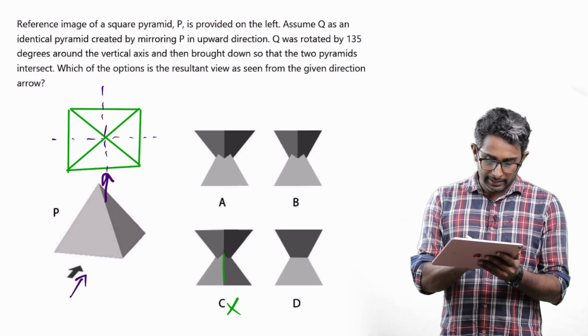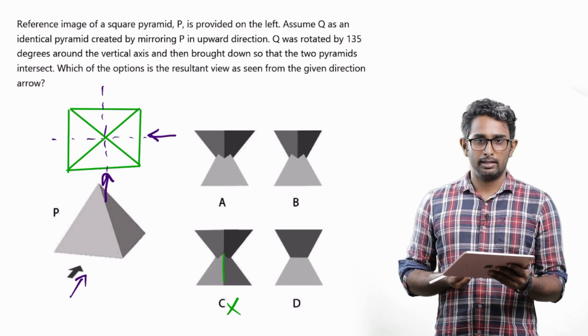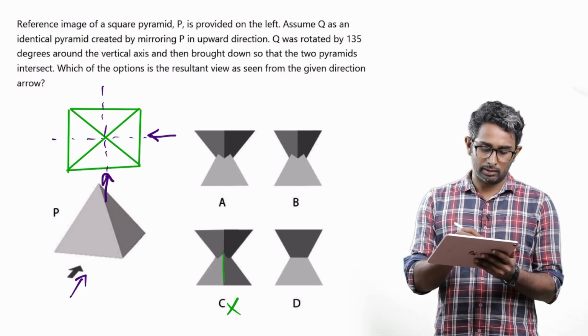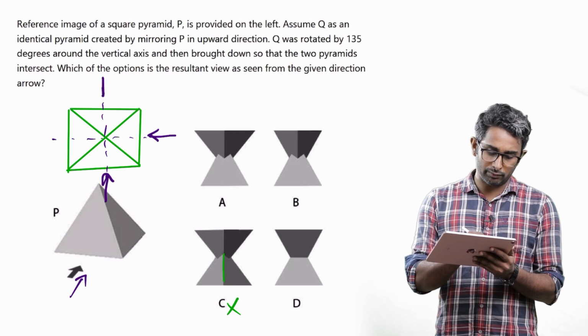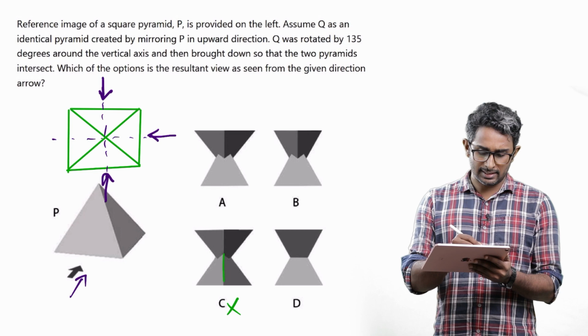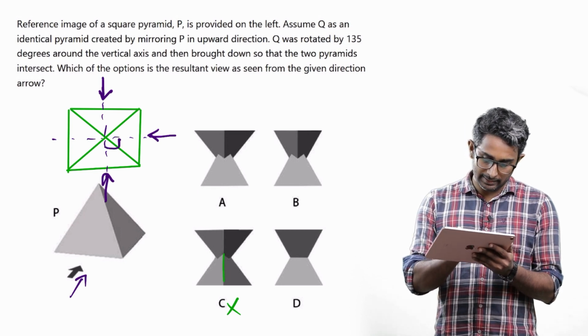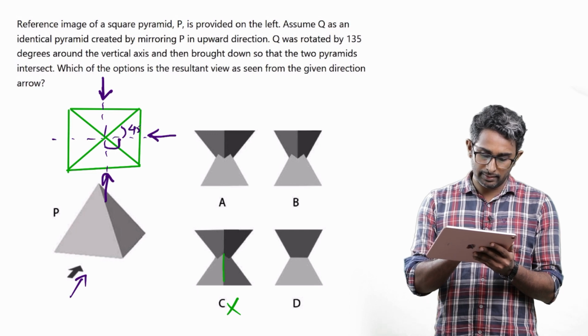If I rotate by 90 degrees, the viewpoint will be coming here. If I rotate 90 degrees once more, the viewpoint will be coming here. We know that this is a square pyramid, so this angle will be 90 and this angle will be 45 degrees.